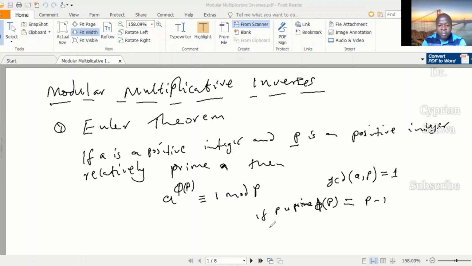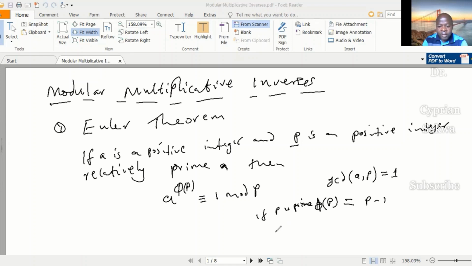But if p is not prime, there are so many ways of finding the Euler phi of p. The only question you need to ask yourself is how many prime numbers can divide p.